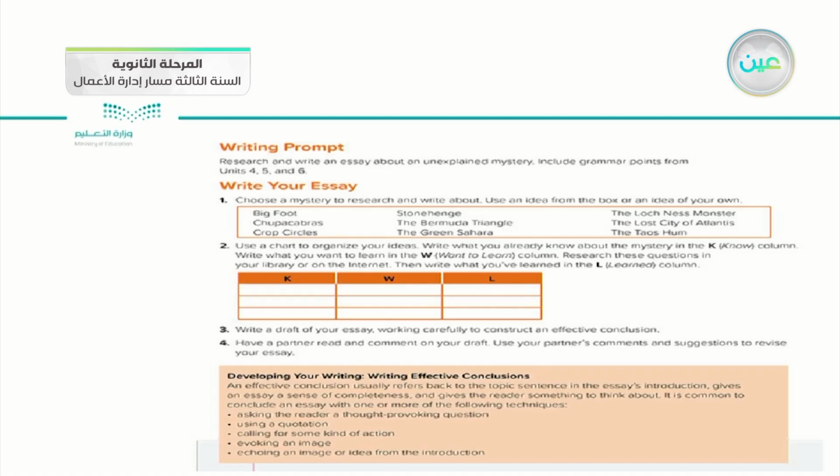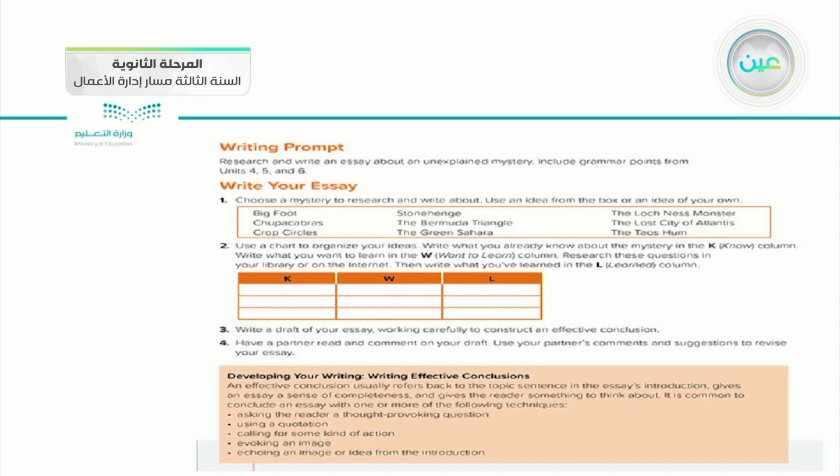Include grammar points from Units 4, 5, and 6, which we discussed before, in your essay. We talked about adjective clauses, relative pronouns, quoted speech and reported speech, and there is a lot of grammar. If you want to review, you can return to your pupil's book on the pages.